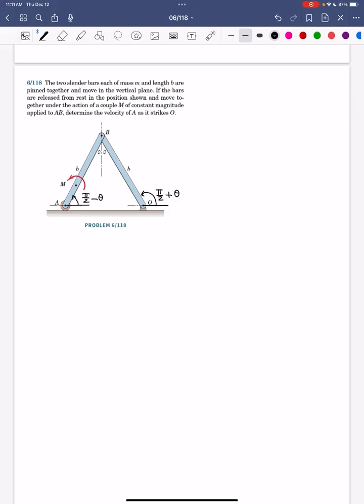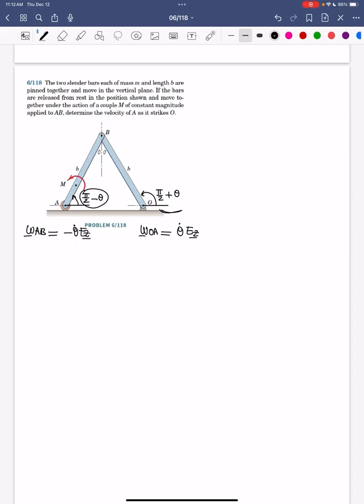So if I look at omega OA, I can write this as the derivative of this angle, which becomes theta dot Ez. And if I look at the angular velocity of length AB, again I can write it as the derivative of some angle measured from a fixed reference. So it's the derivative of this angle, so I can write it as minus theta dot Ez.